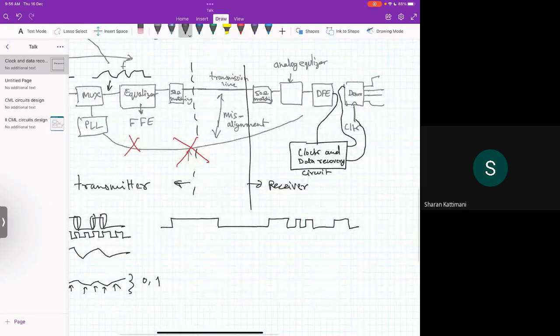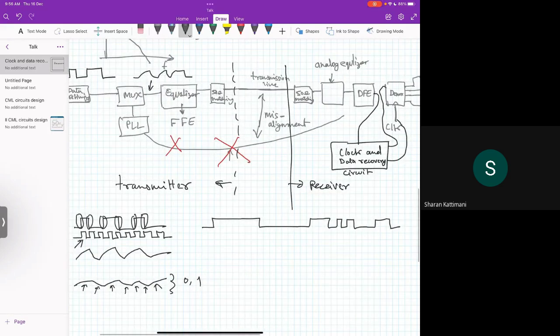So if this is your data, then you will send it something like this, and the received data may be something like this, of very bad quality.